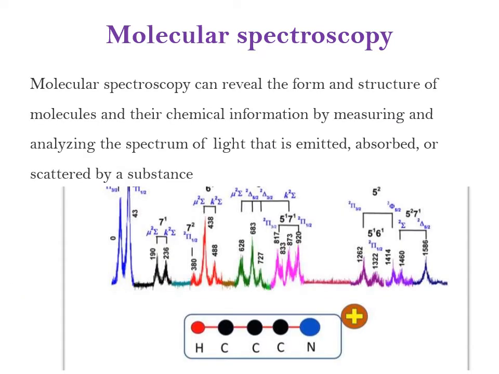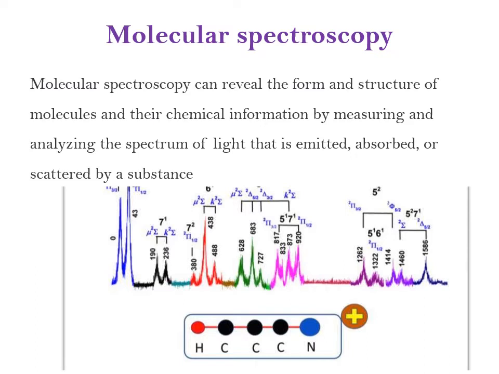Molecular spectroscopic methods are among the most widely used of all instrumental analytical methods. They are used for identification and determination of a huge number of inorganic, organic, or biochemical species. They can reveal the form and structure of molecules and their chemical information by measuring and analyzing the spectrum of light that is emitted, absorbed, or scattered by a substance.